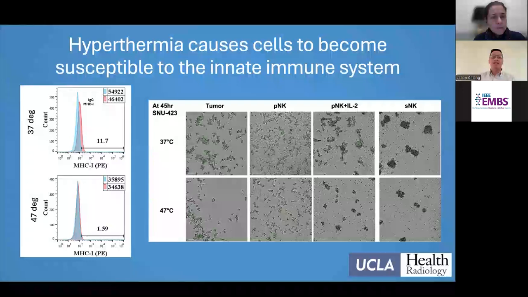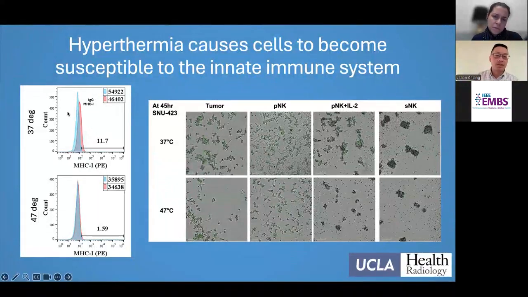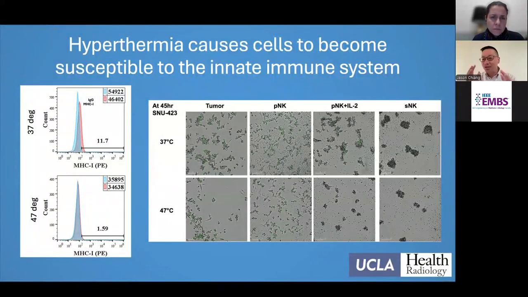So what we have done is actually look at this area, and look at the tumor cells to see if they're able to drop this key recognition surface marker. It's called MHC1. Basically, all cells have MHC1, but some of the tumor cells don't have MHC1, some have intermediate amounts.